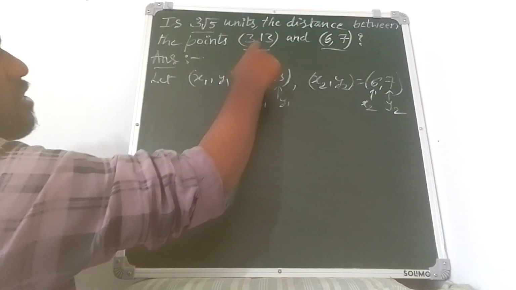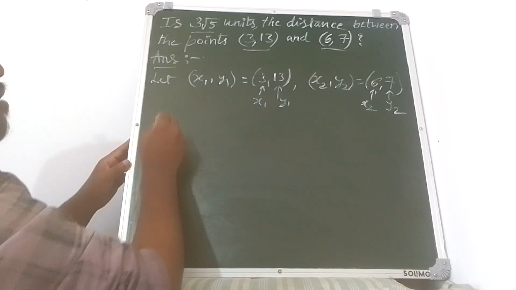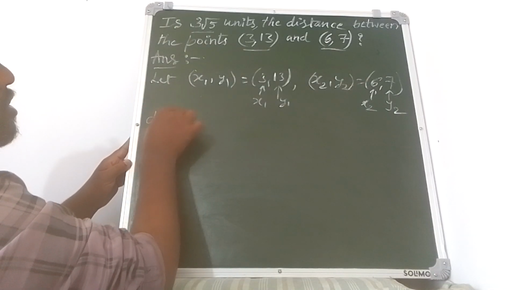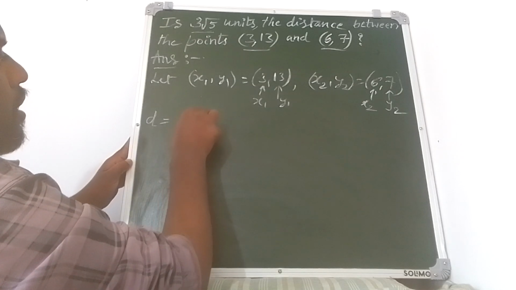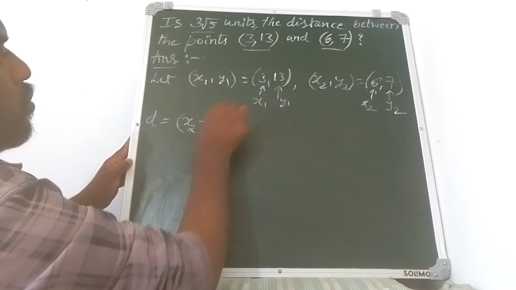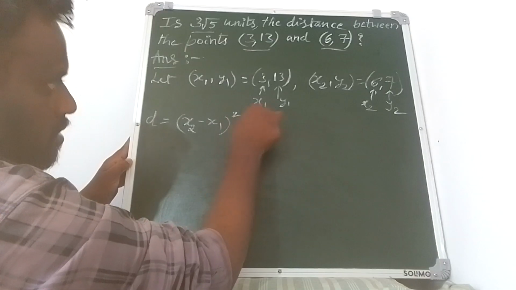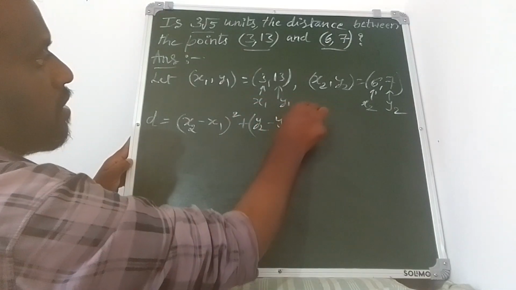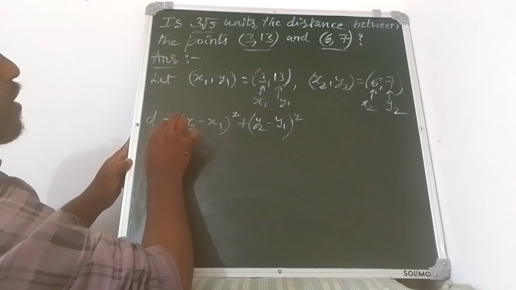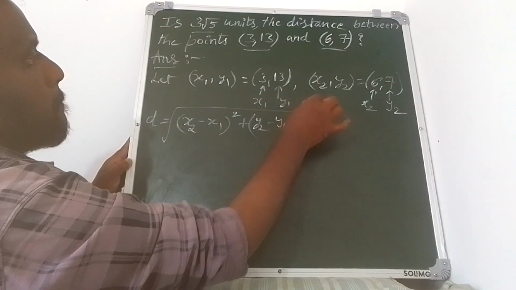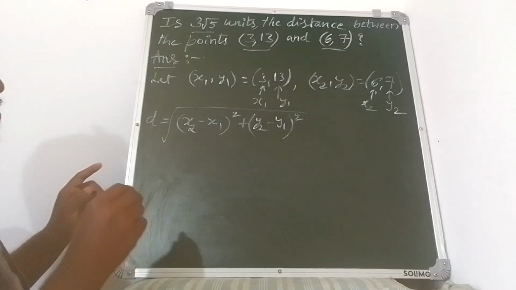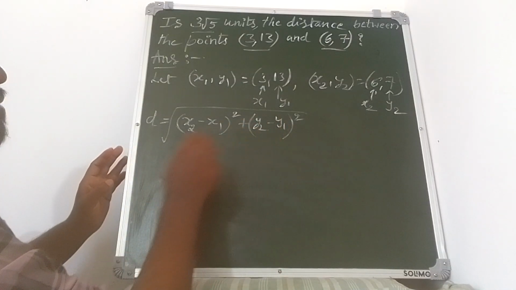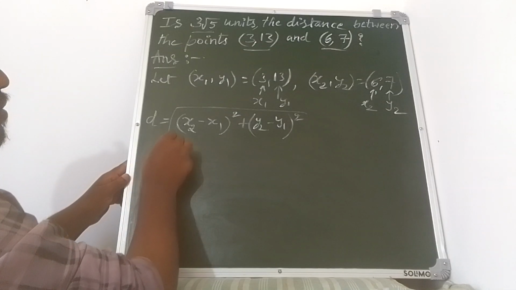Now to find distance between this and this, we have the distance formula. I will take distance as d is equal to square root of x2 minus x1 whole square plus y2 minus y1 whole square. Then we have to take square root till here. Now substitute the values for x2, x1, y2, y1.